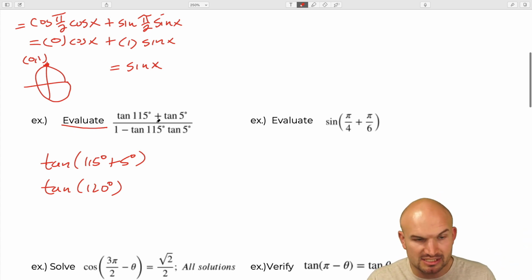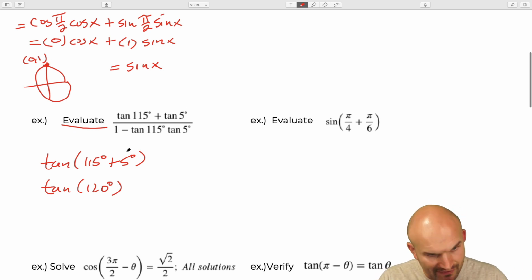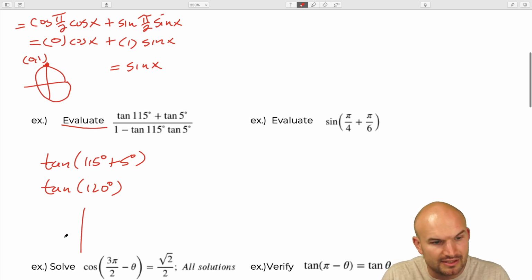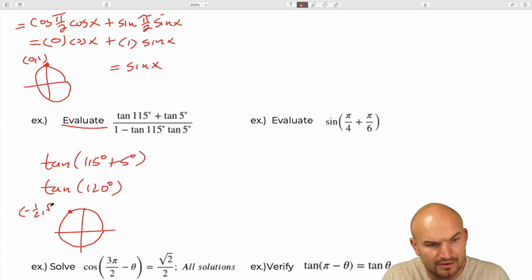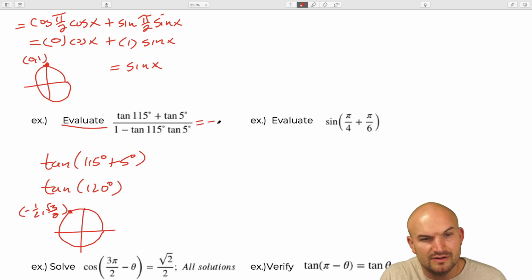On the unit circle, 120 is right there. That coordinate point is negative 1/2 comma square root of 3 over 2. So if you put the y coordinate over the x coordinate, that gives you negative square root of 3.